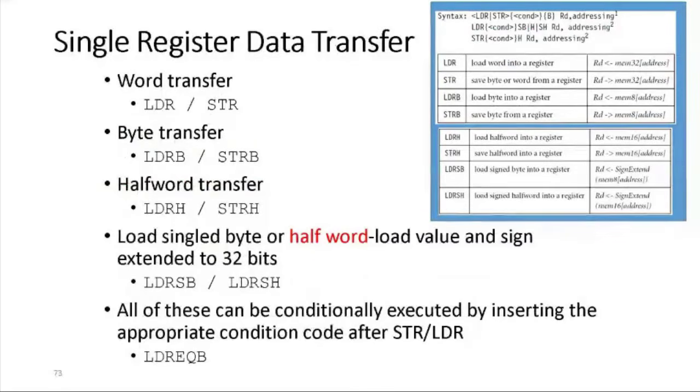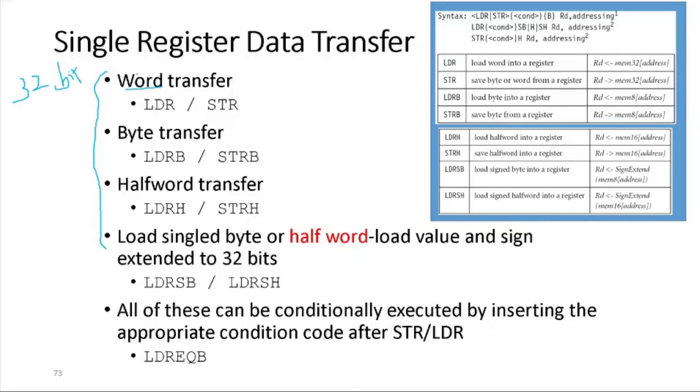So this is the slide which shows the single register data transfer. See, these are the sizes of data which we are transferring. Okay. See, this word transfer. ARM processor is a 32-bit architecture, 32-bit processor. Okay. I already told you in one of the sessions, 32 bits represents one word.